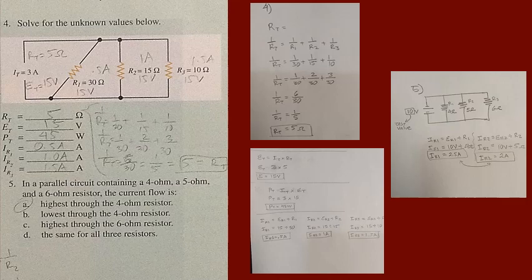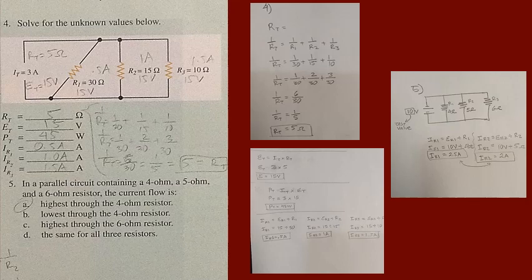For question number 5, in a parallel circuit containing a 4 ohm, a 5 ohm, and a 6 ohm resistor, the current flow is, it's already marked, the highest through the 4 ohm resistor. We work that problem out just to verify it. We draw out the circuit. We have a parallel circuit with 3 resistors, R1, R2, R3.